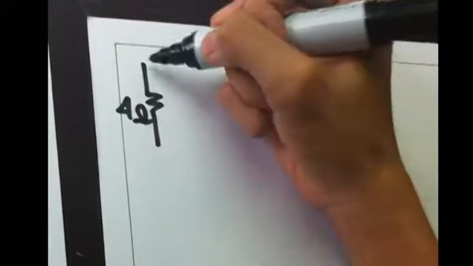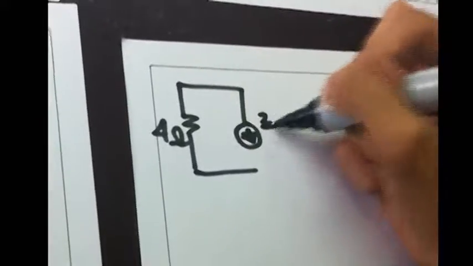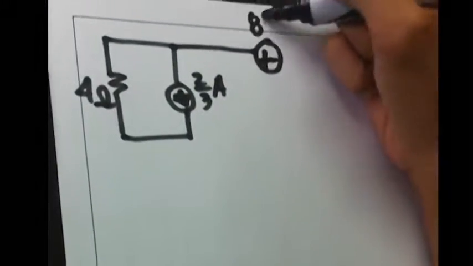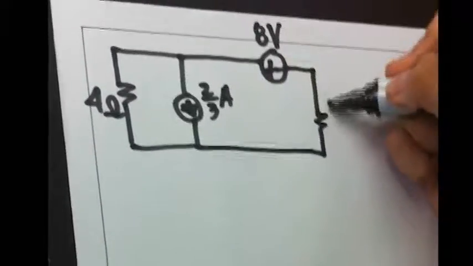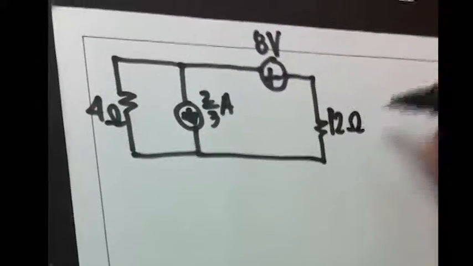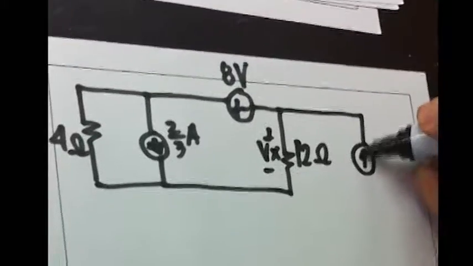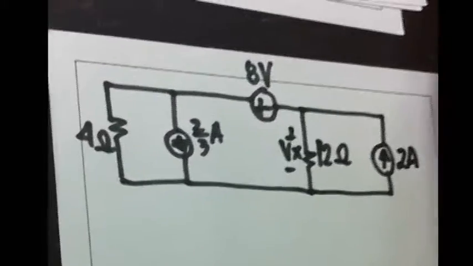So, redrawing the circuit, we have 4 ohms, 2 over 3 ampere, 8 volts, and the 2 ampere source.